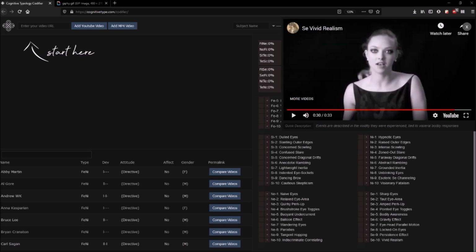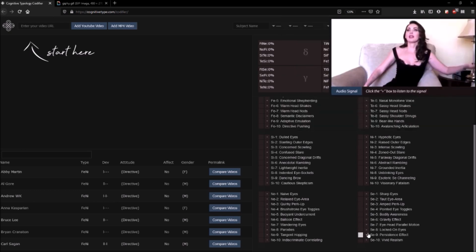So there it was. The details are very explicit. They're described very vividly, and you can tell that they affect the person psychologically. Now, to contrast these last two signals, persistence effect relates more to the continual exposure to a certain stimuli and how that affects the person.